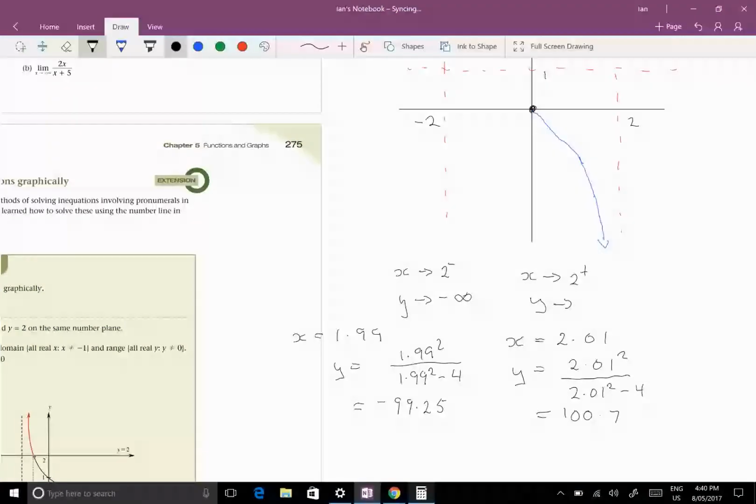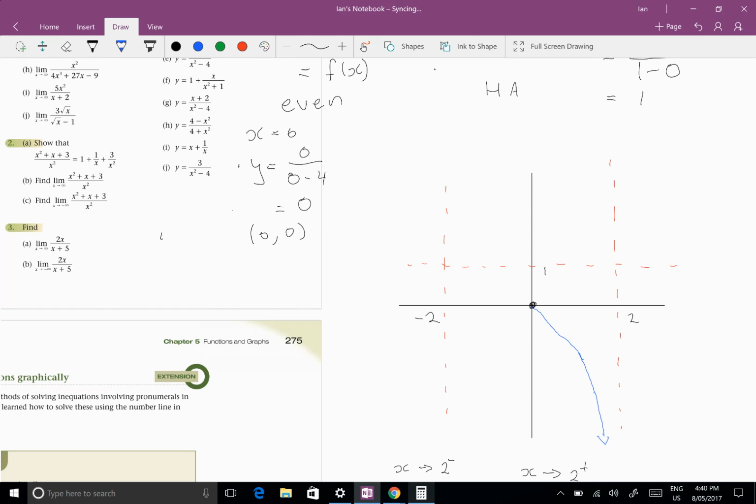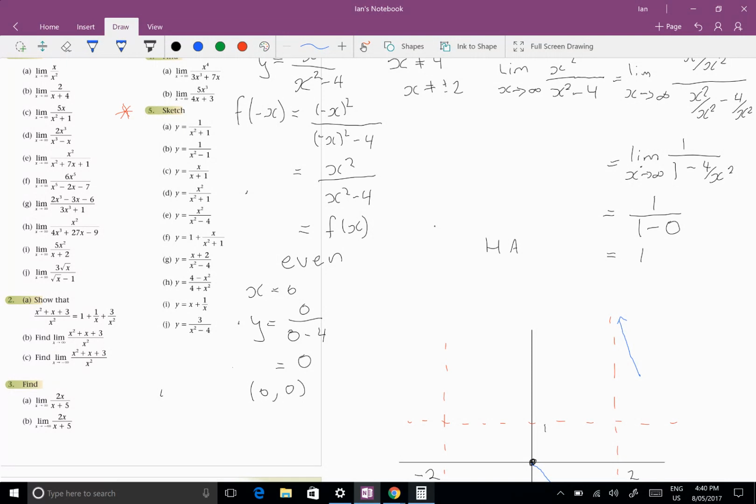So it's approaching positive infinity. And I know from this previously that as x approaches infinity, it's approaching 1.